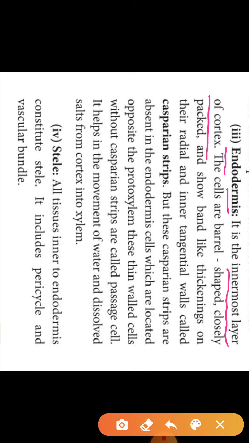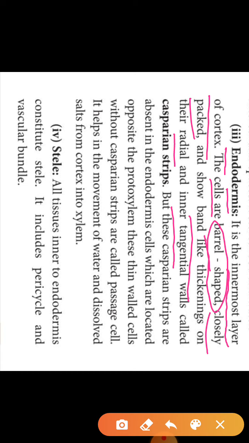In this type, dear, cells are barrel shaped, cylindrical, closely and tightly packed, with band-like thickening on their radial and inner tangential walls.